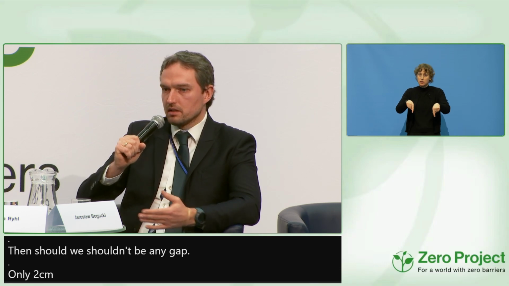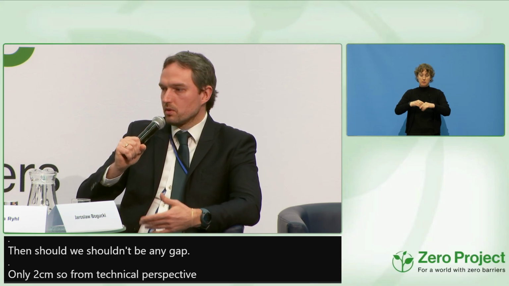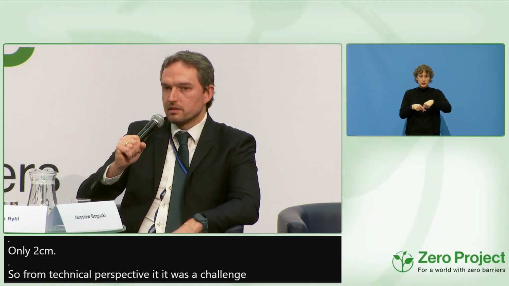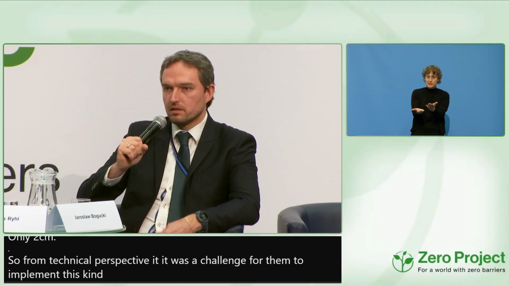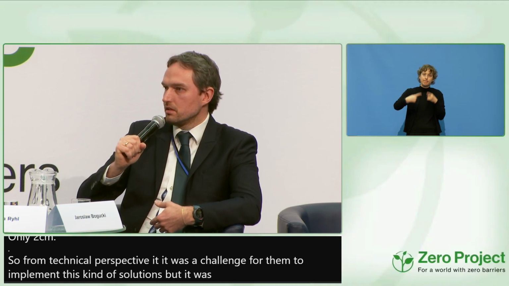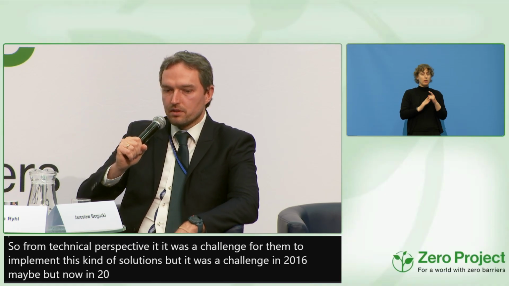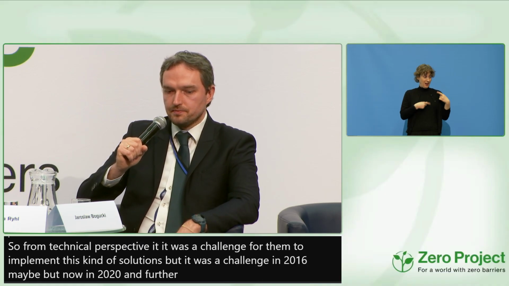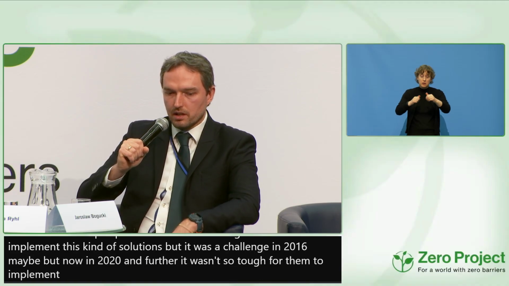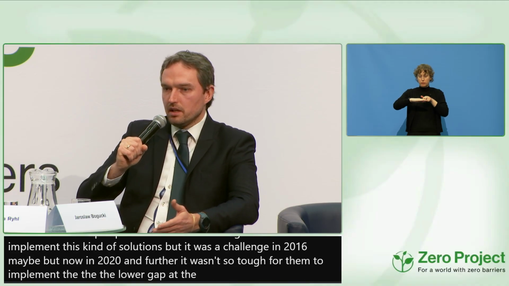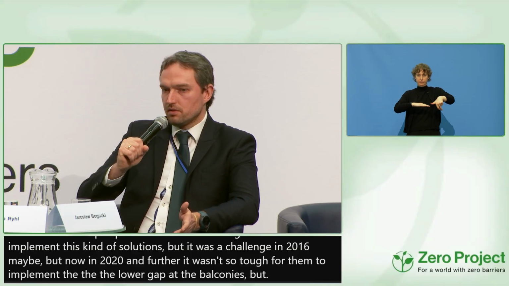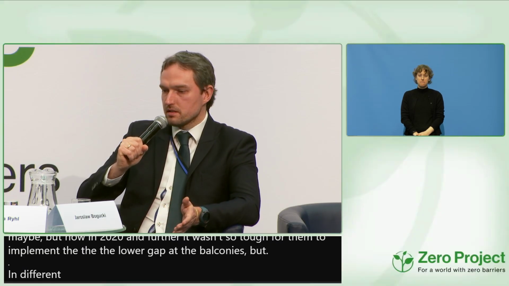So from a technical perspective, it was a challenge for them to implement this kind of solutions, but it was a challenge in 2016 maybe. But now in 2020 and further, it wasn't so tough for them to implement the lower gap at the balconies, but in different places at the investment.